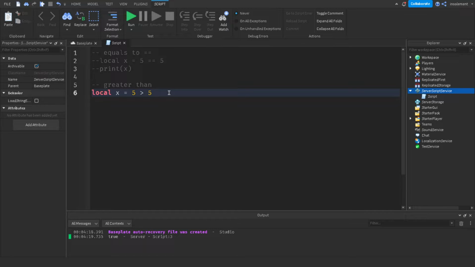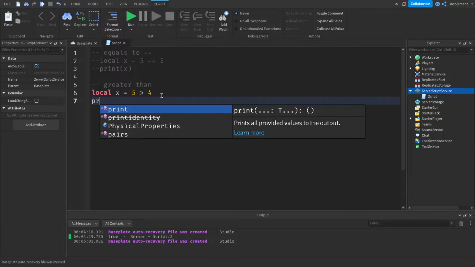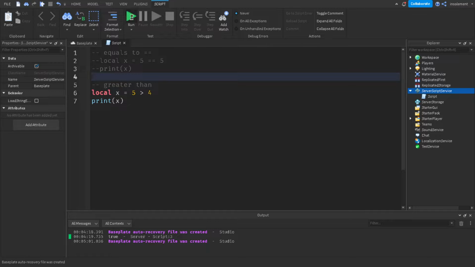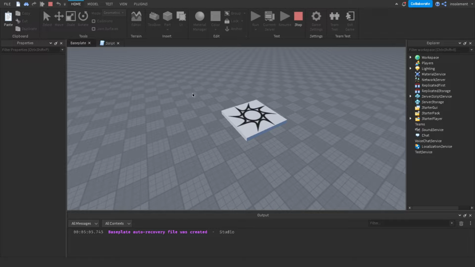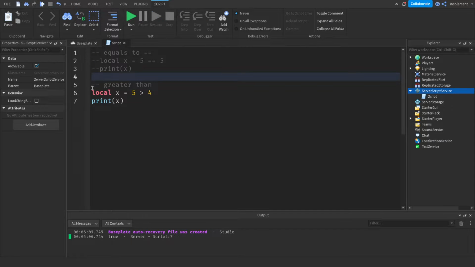That would be true. If we were to do a 5, 5 is not greater than 5. Because they're practically the same, it would return to us false. But if we were to put 4, it would return to us true, because 5 is greater than 4, right?